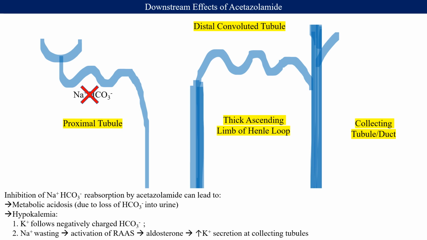It will follow the negatively charged bicarbonate in the urine. Number two, with high sodium loss in the urine, volume depletion ensues, which leads to the activation of the renin-angiotensin-aldosterone system. Aldosterone enhances potassium secretion at the collecting tubules.